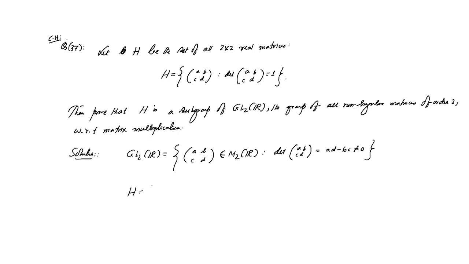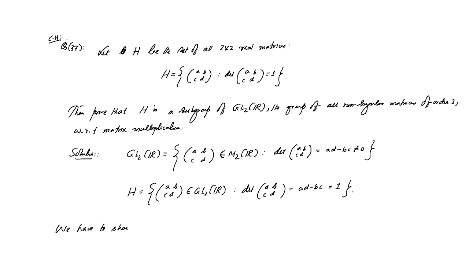Whereas you have been given the set H, all those A, B, C, D belonging to GL2R, so as the determinant is 1, AD minus BC equals 1. What we have to show is that H is a subgroup of GL2R with respect to matrix multiplication.